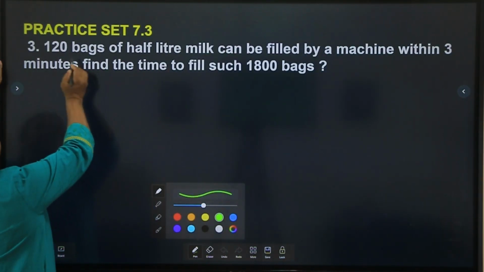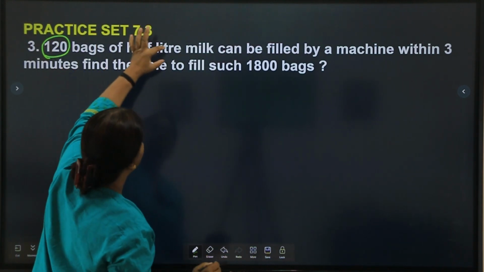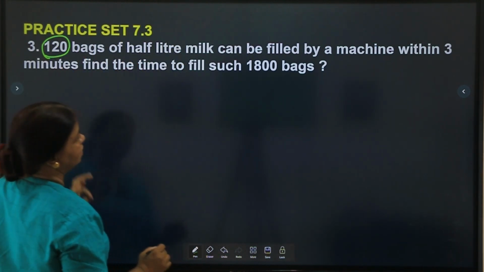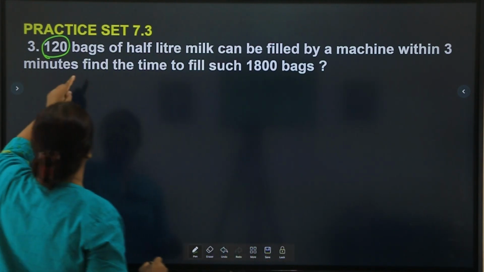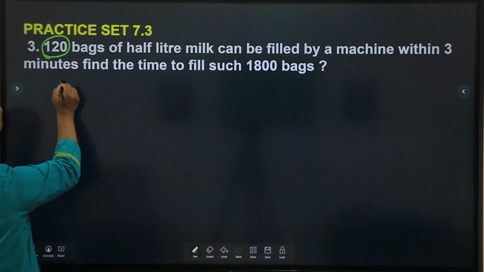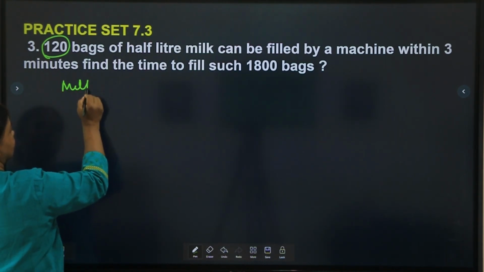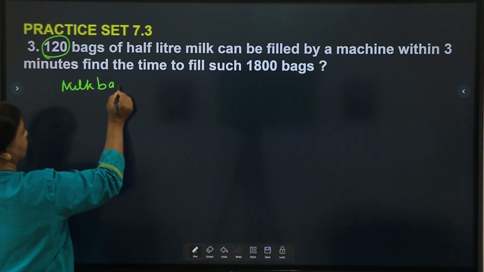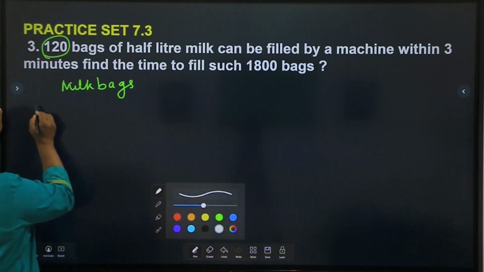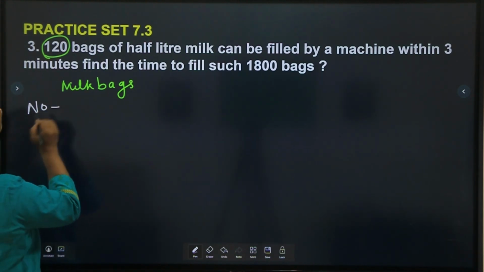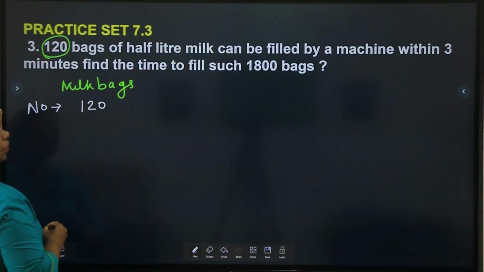The third question: there are 120 bags of half-liter milk which can be filled by a machine within 3 minutes. So the number of milk bags is 120. Okay.